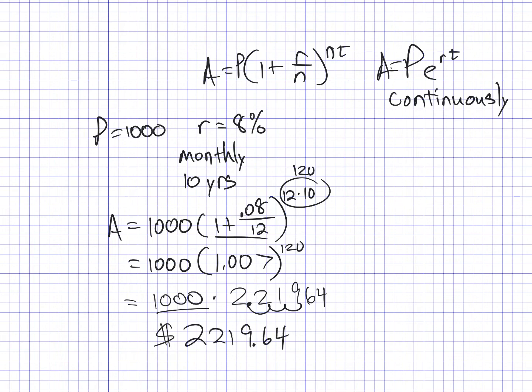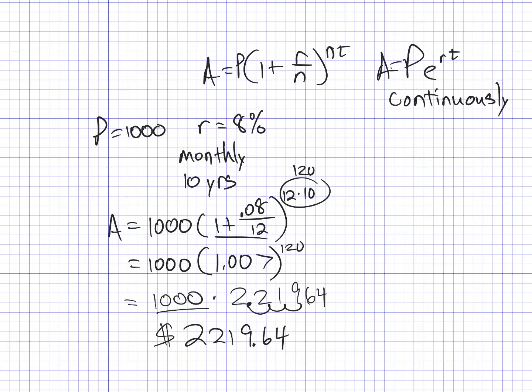So your $1,000 after 10 years, if it's compounded monthly, you just gained $1,200 that you didn't do anything for. Yeah, I'm lazy. But 8% is a pretty high rate, which is what you should get if things are invested wisely. But a lot of people don't invest wisely.